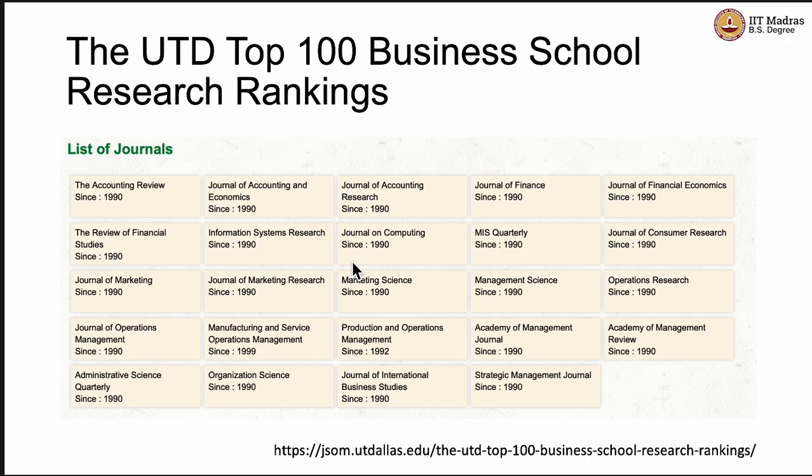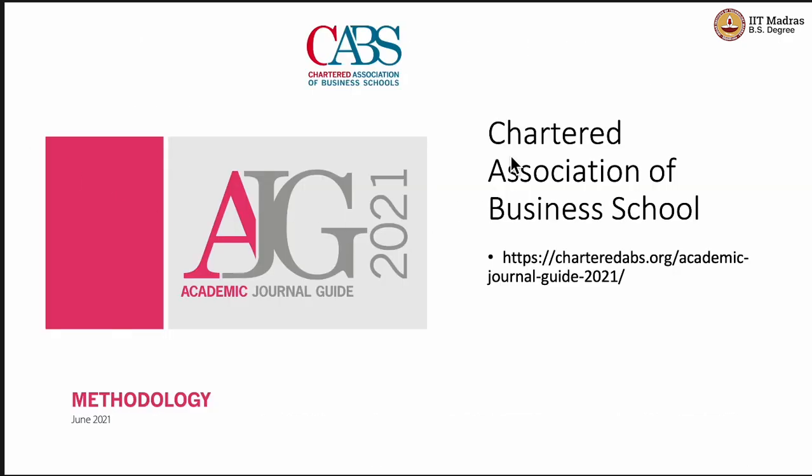When you read these journals, you can trust them because they put lots of effort into very strict data collection, data analysis and writing. The other one is the ABS list. This is a website with a chart showing you the rank.